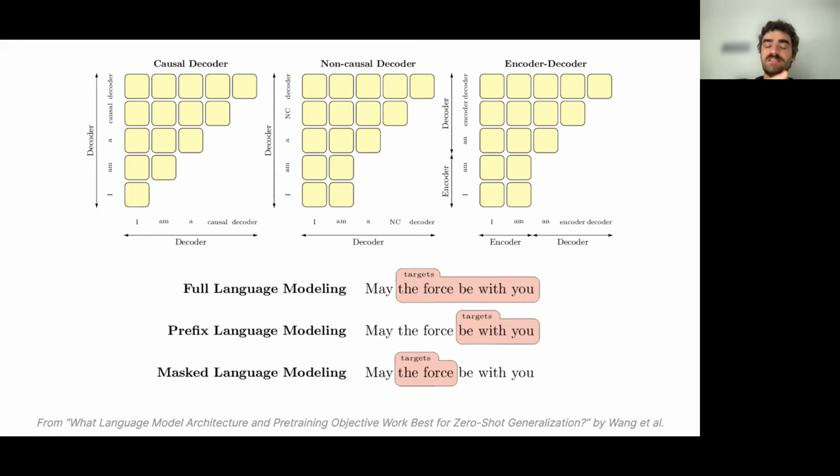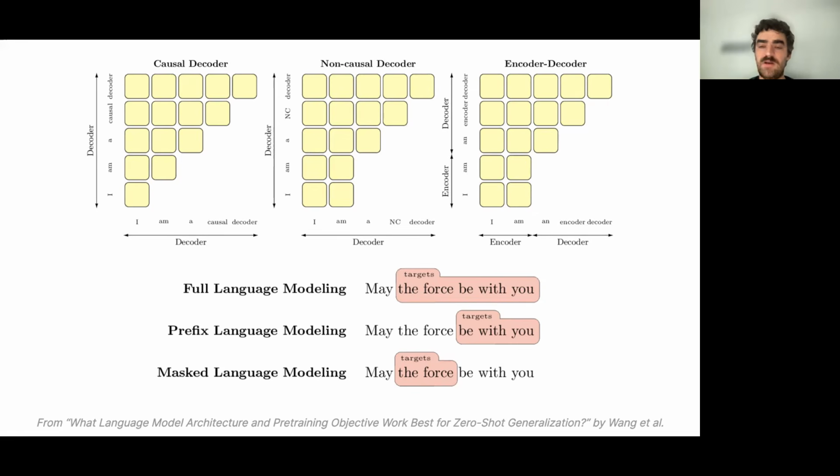In the case of instruction following, that is the text that we want to process and the instruction. There's no reason to not give the model full visibility of that region of the input. We only want to force it to have causal visibility once it starts predicting the output. So the non-causal decoder gives a balance between those two things.